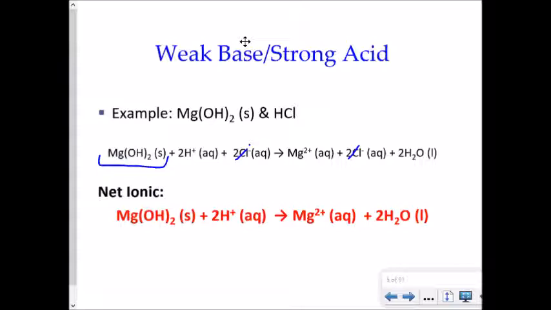Okay, so that's just an example showing you that kind of reaction as well if you were to see one like that. Most of the ones you're going to see, though, are going to be the soluble ones that have the amino groups, the NH2 groups on them, or it'll be something with ammonia in it. But once again, spectators cross out. We only want what's reacting in the overall equation to get your net ionic.